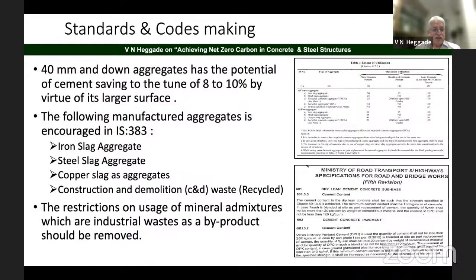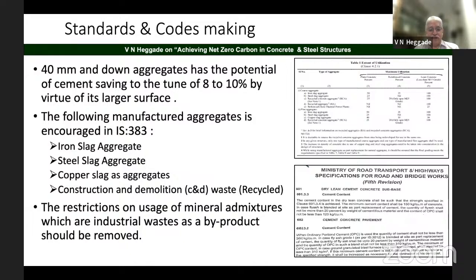And there are many things, like 40 mm and down aggregate, which has the potential of cement saving and should be encouraged. And there are slag aggregates, copper slag aggregates and aluminum slag aggregates. These have to be used. The IS 383 is a very good way forward that they have been doing. And there should not be any restriction in the use of mineral admixtures like slag as well as fly ash.